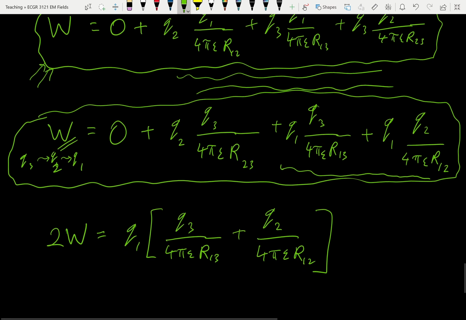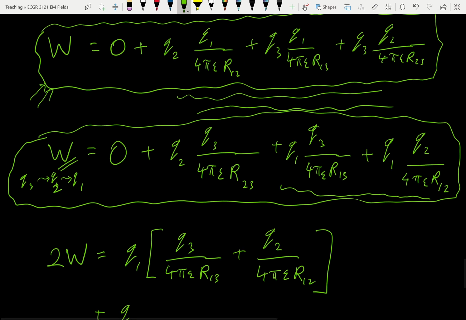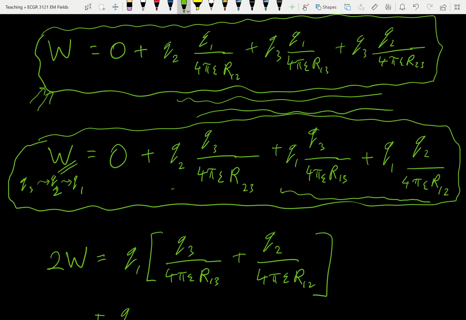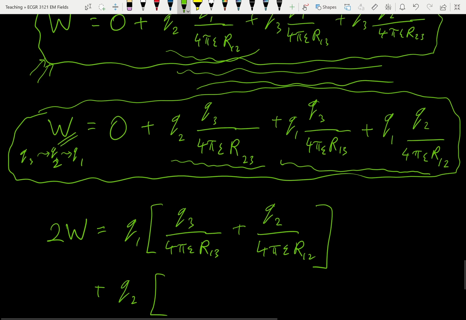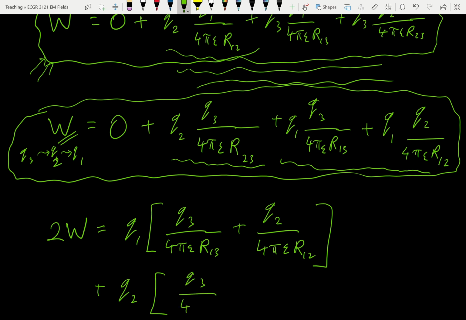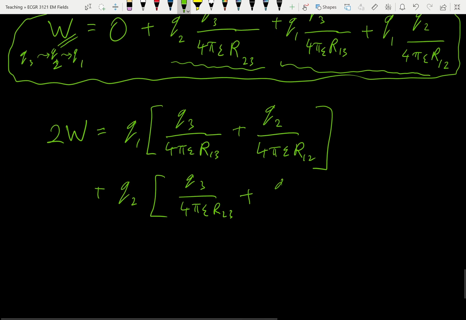And then I want to take two terms with Q2 in it, right? So I'm going to take this Q2 term that starts with Q2, and then this Q2 term. And this gives me also a very suggestive term, which is the following. Q2 times Q3 over 4 pi epsilon R23 plus that term here, which is Q1 over 4 pi epsilon R12.